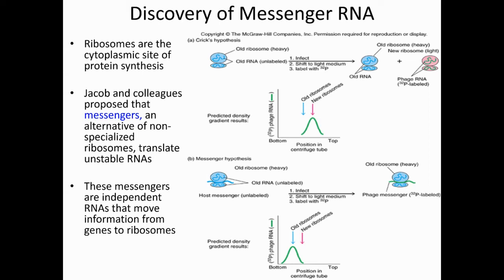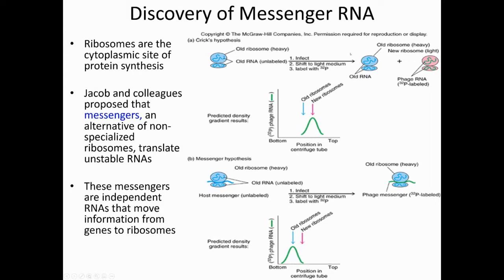And then basically during this process, after this they collect the cells and then run centrifugation, and then if there's the new ribosome, then the phage RNA should line up with the lighter one, okay?